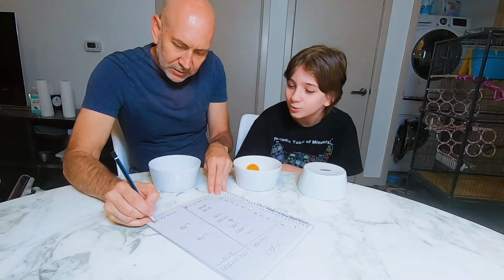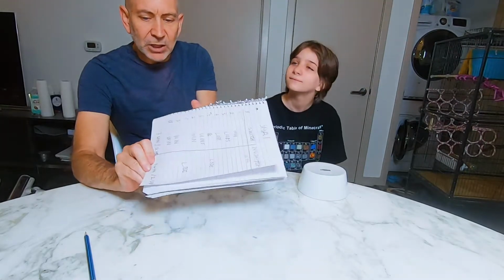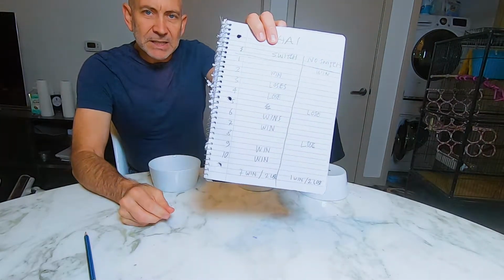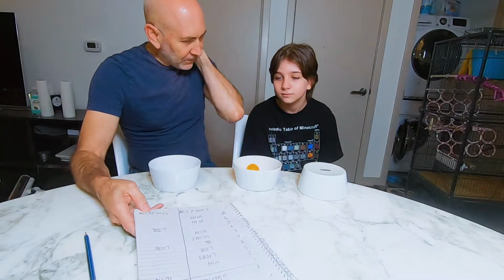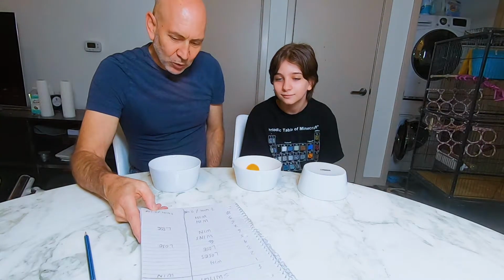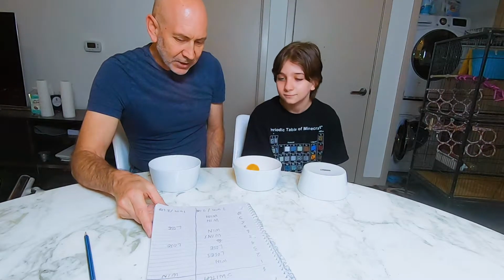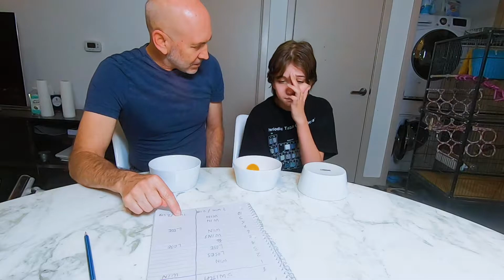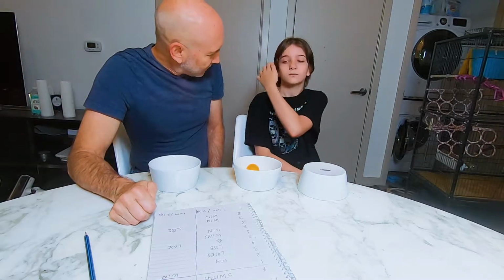Seems like you lose a bit more. And what can we say? That's pretty close to the predicted value. It's not 50-50, is it? It's more like 2 to 1, right? If you stay, you lose twice as often. And if you switch, you win twice as often.